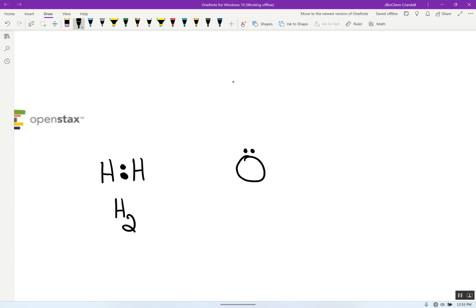Oxygen has 1, 2, 3, 4, 5, 6 valence electrons. Okay? It has 6 valence electrons.